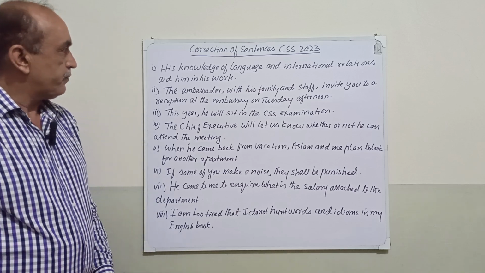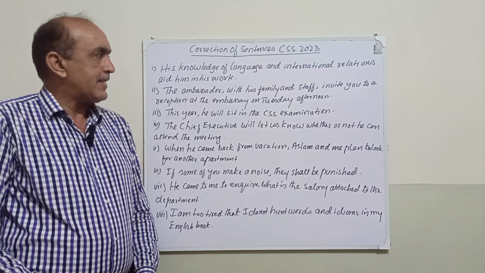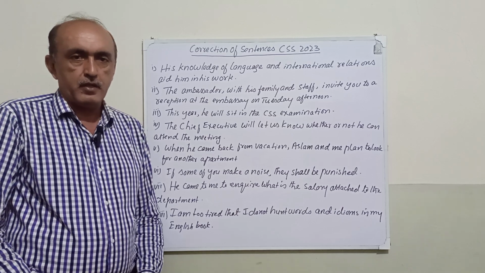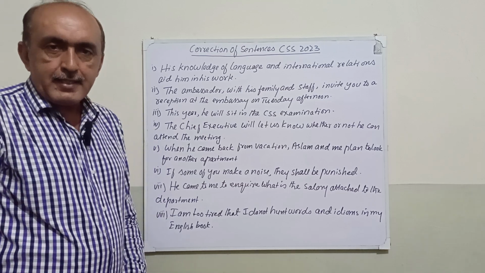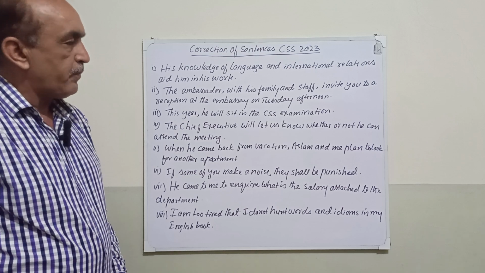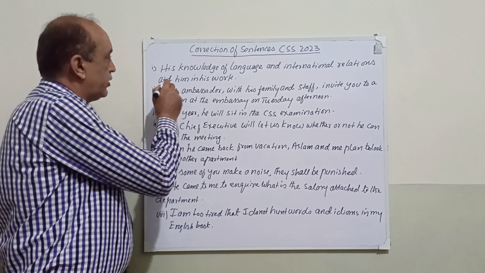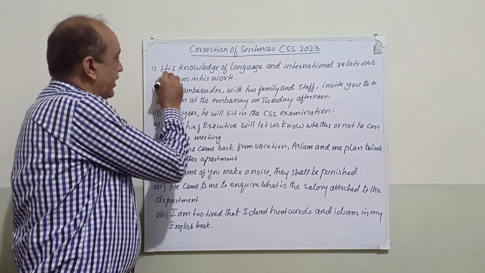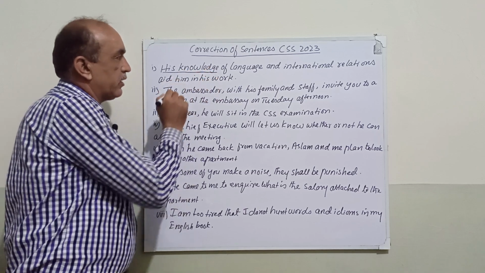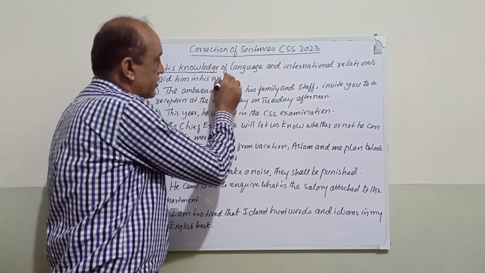The first one: his knowledge of language and international relations aid him in his work. As you see, the first sentence is of subject verb agreement. Here "his knowledge" is the subject: his knowledge of language and international relations.